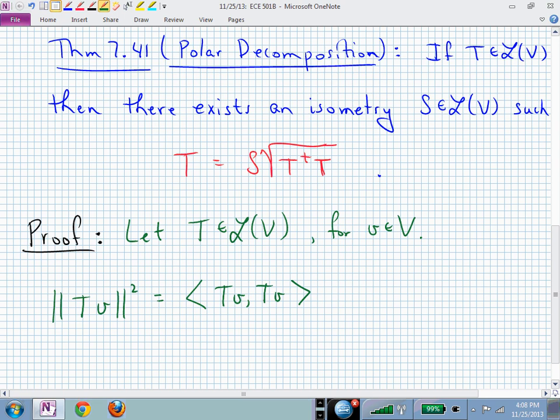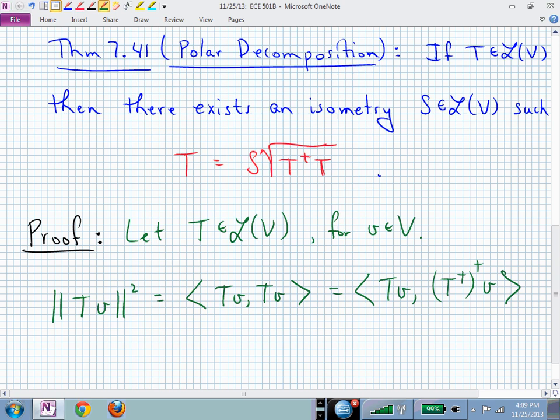Now, what we're going to do is rewrite that second slot TV as an adjoint of an adjoint. We know T can be written as T adjoint adjoint, meaning this can be rewritten as TV, and it can also be stated as the adjoint of T adjoint V.